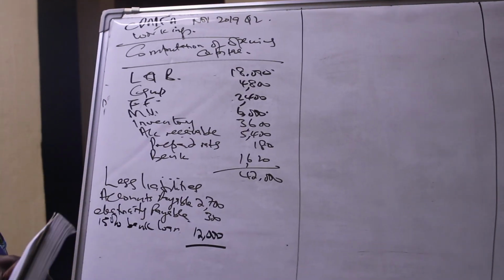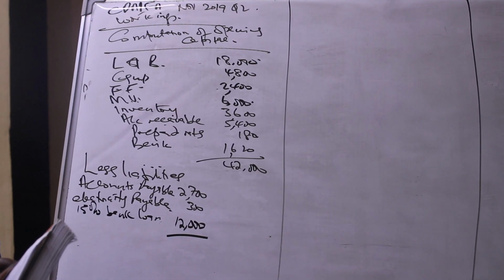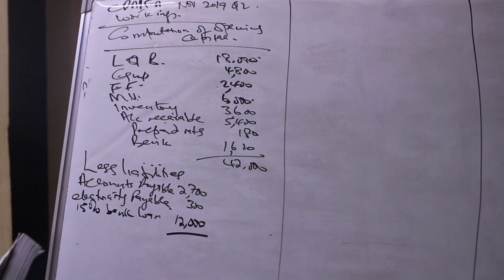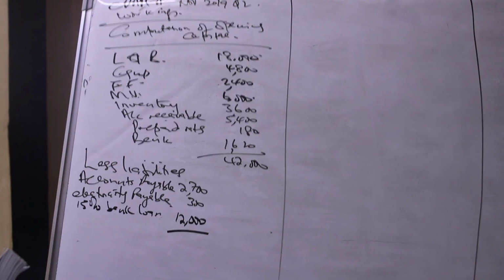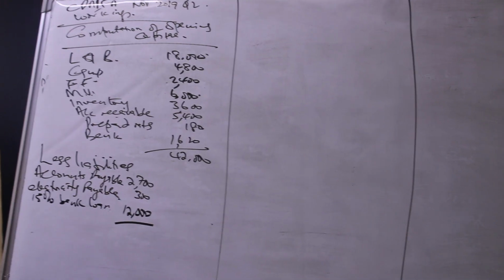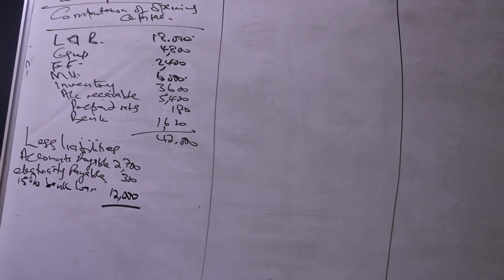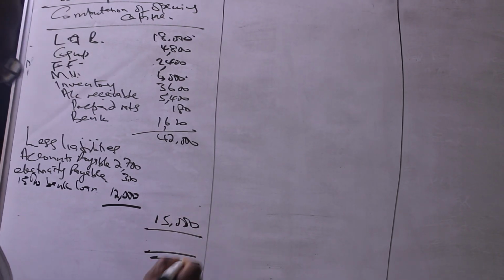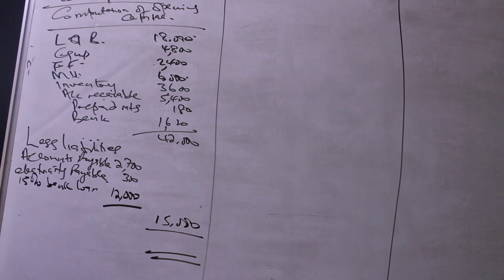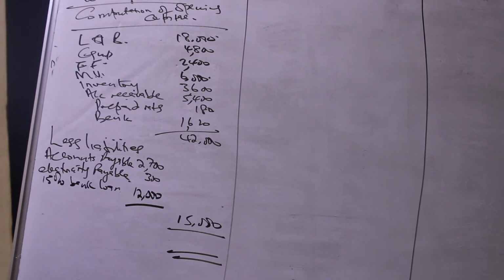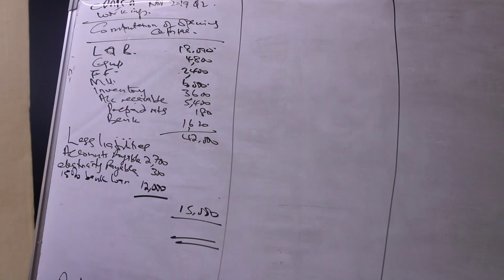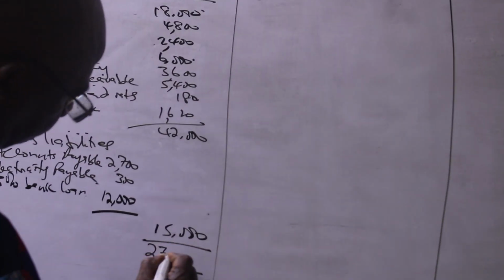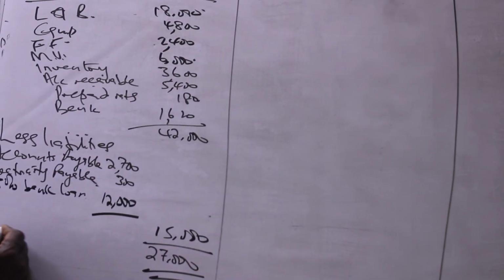We add the 2,700 and 300, which is 3,000, and it becomes 15,000. 15,000 minus 42,000, we get a figure of 27,000. That becomes our opening capital.